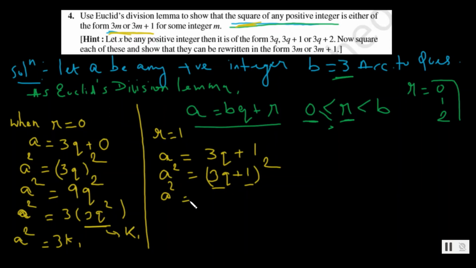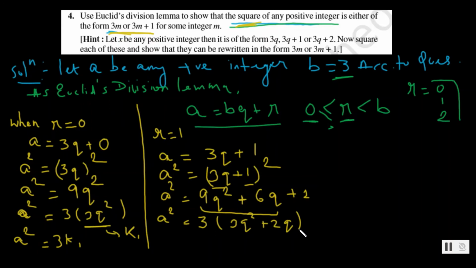So this will result in 9q square plus 2ab, that is 6q, plus 1 square is 1. Now we'll take 3 common from these two terms. a square equals 3 times 3q square plus 2q, plus 1. Now again we'll consider this value as k2. Putting the values, a square equals 3k2 plus 1.